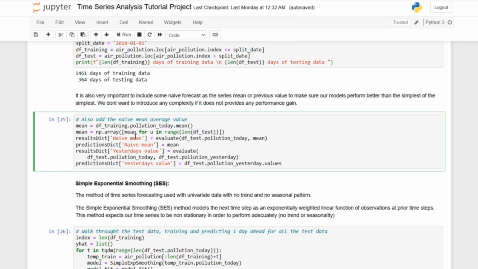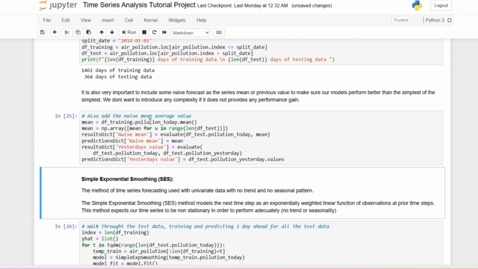For the purpose of this project, I have set up a result dictionary which will be used to save all the results, guys. First and foremost, I have computed the mean of the pollution today values, to check whether the mean is better than our other forecasting models. I've stored it under the name mean, and I have also evaluated with yesterday's value.